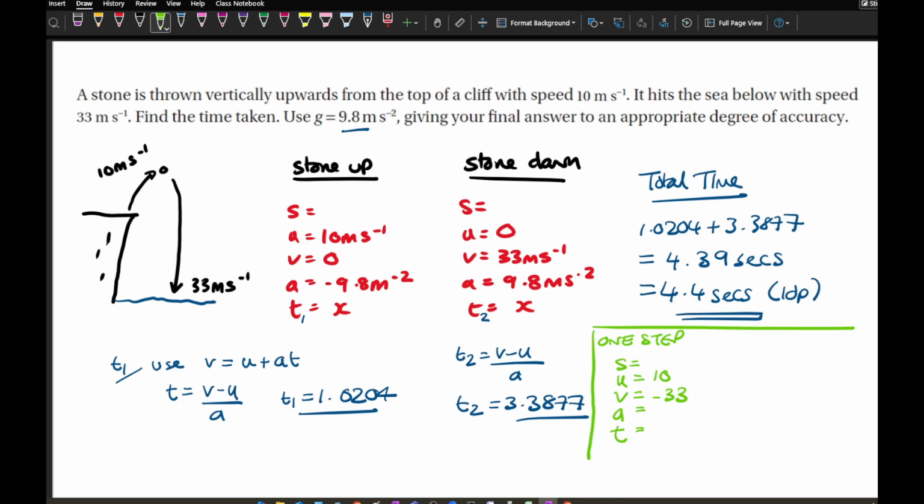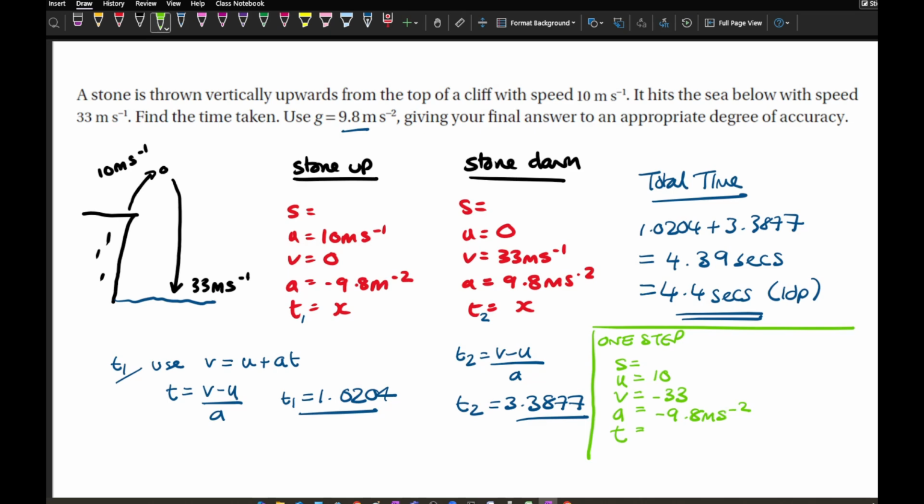And then the acceleration is going to be minus 9.8 meters per second squared. The reason why it's minus 9.8 is because the initial throw is going upwards, against gravity, and the final velocity is in the opposite direction.